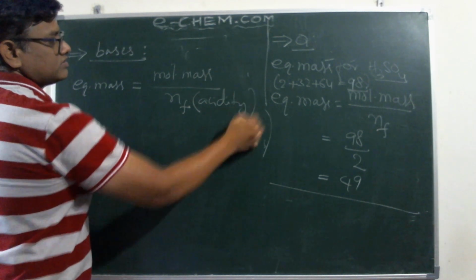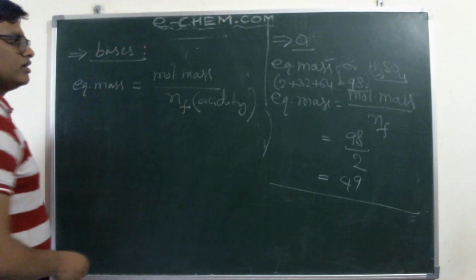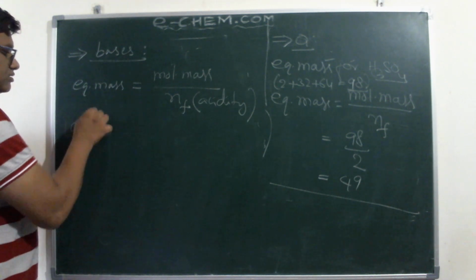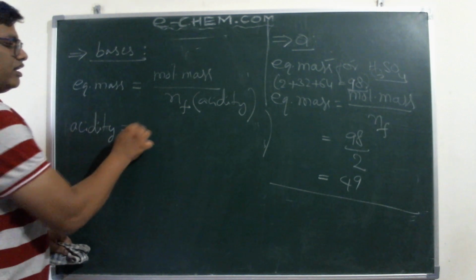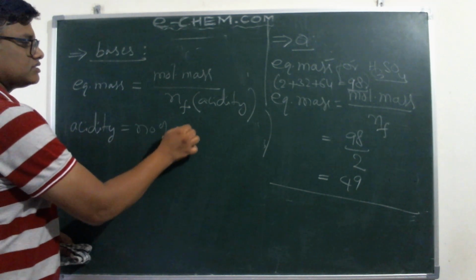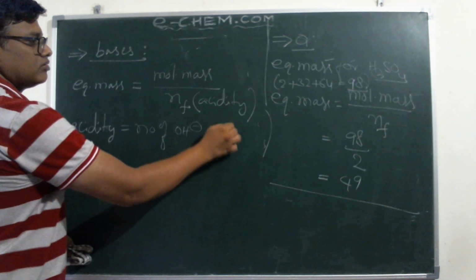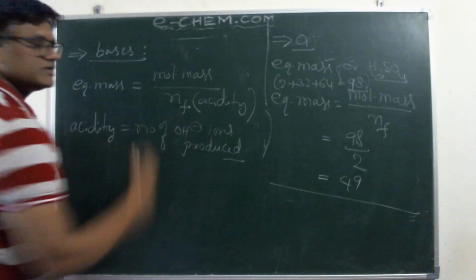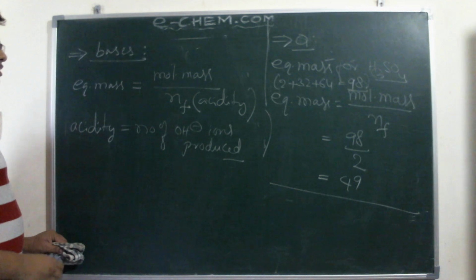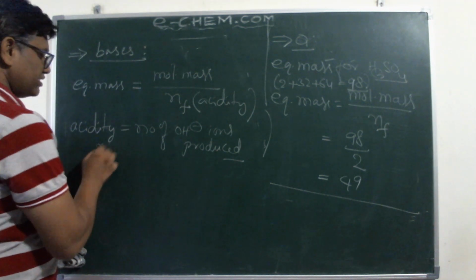Acidity of the base, that is the n factor, is equal to the number of OH minus ions produced by the base. So this has to be considered as the n factor here.